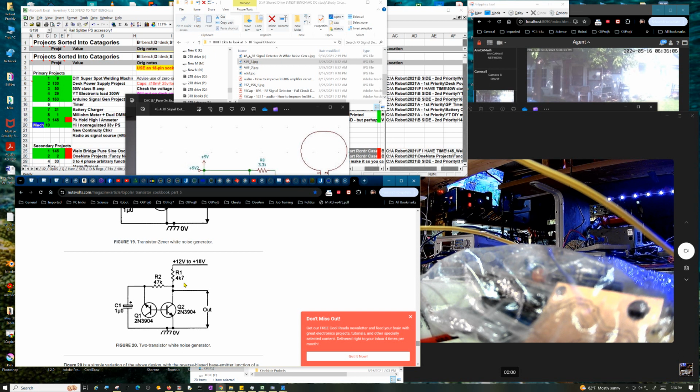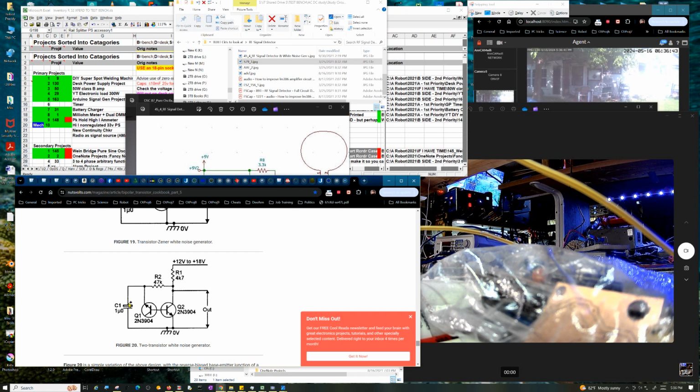That gives you an RE prime of about 10 ohms, so 470 would be the theoretical gain of the transistor based on that ratio, right? Anyway, you're going to get maximum gain out of it. You're trying to amplify the noise.